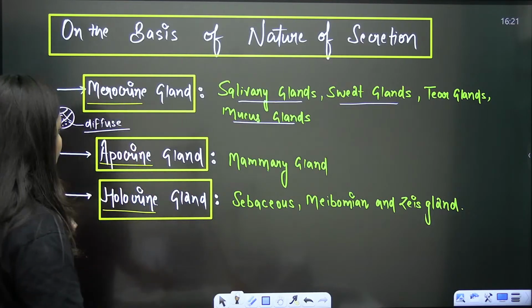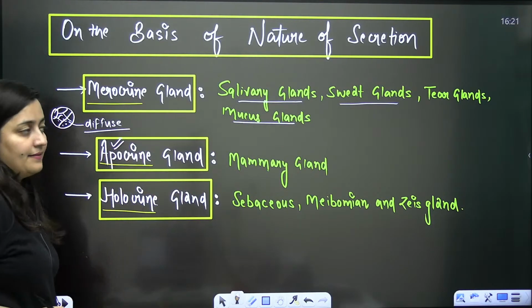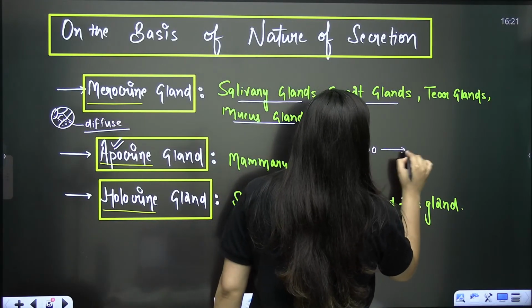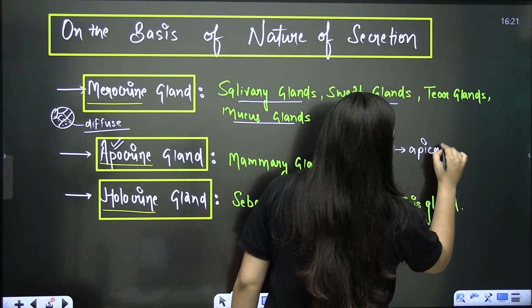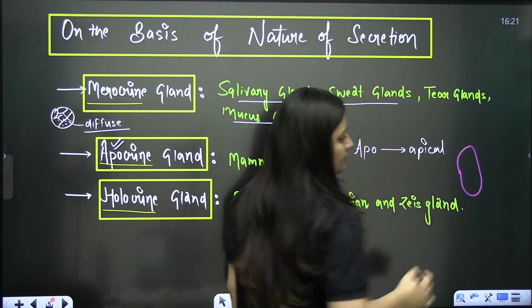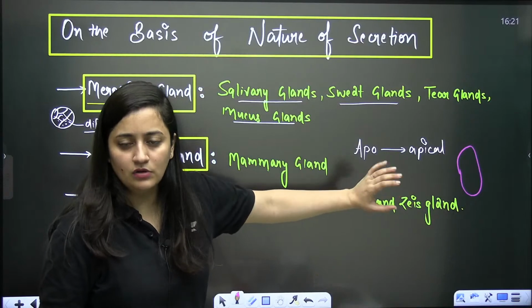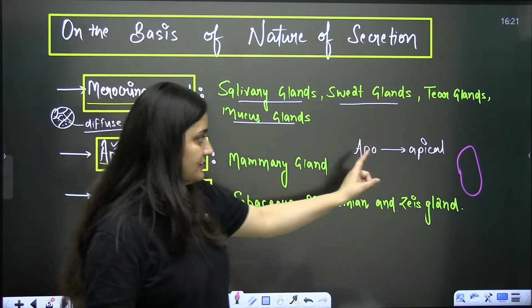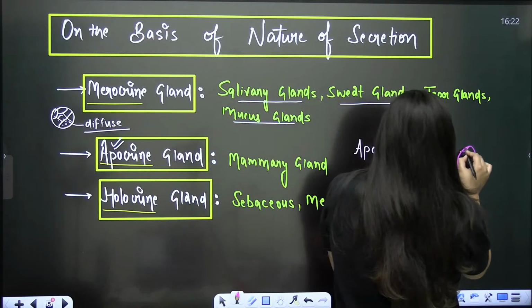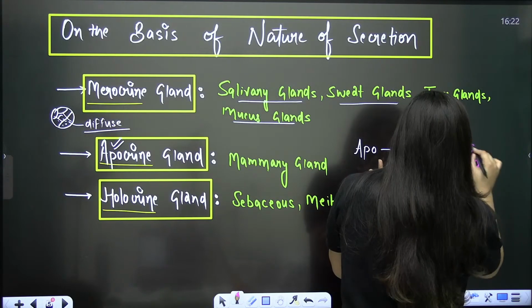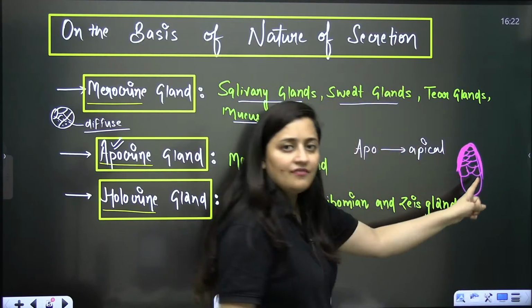Now, the apocrine gland. A for apo, A for apical. Let's say this is a gland. It doesn't look like a gland, but consider it like this. Here we have the apical position, the top portion.